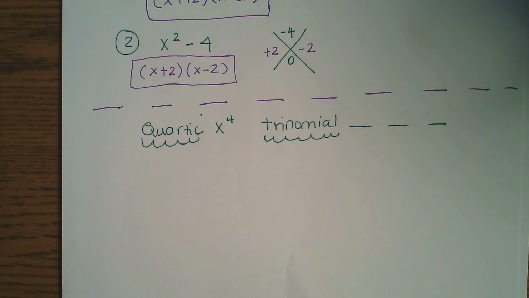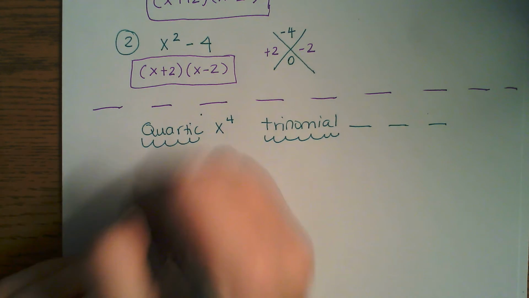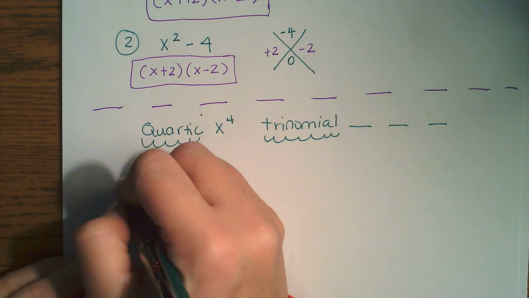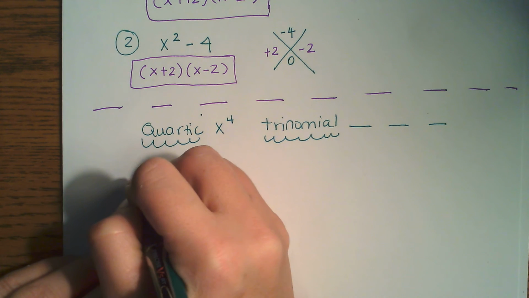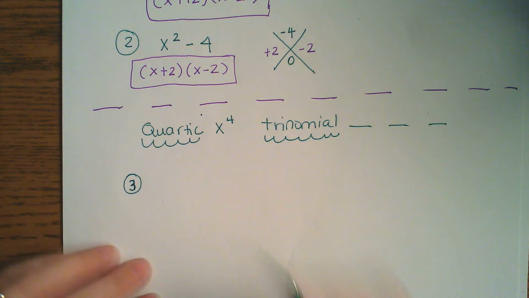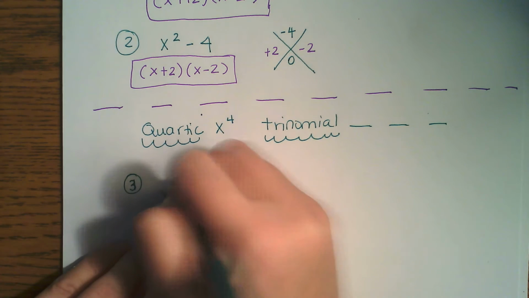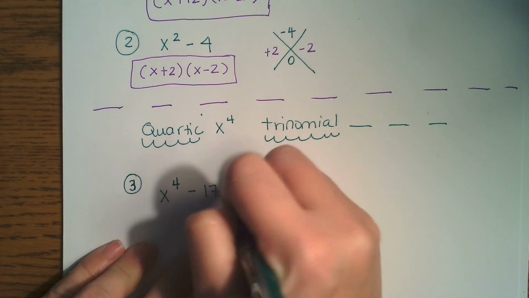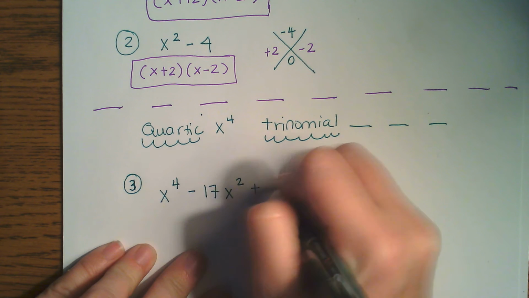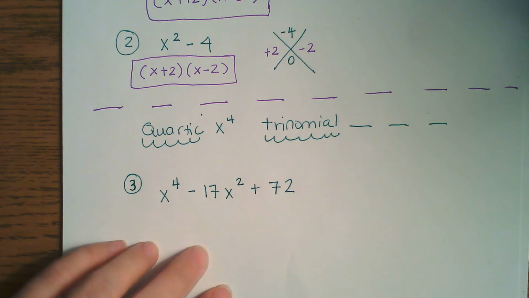You will have to have those names somewhere. All right, so a quartic trinomial looks something like this: x to the 4th minus 17x squared plus 72.